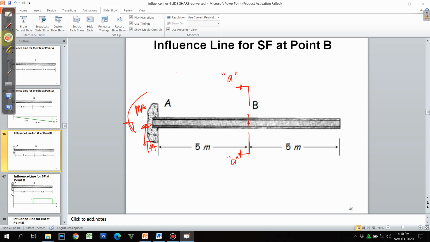So for convenience, sometimes we could consider a more convenient section. So this time I'm going to consider here a section BB, considering the right portion.